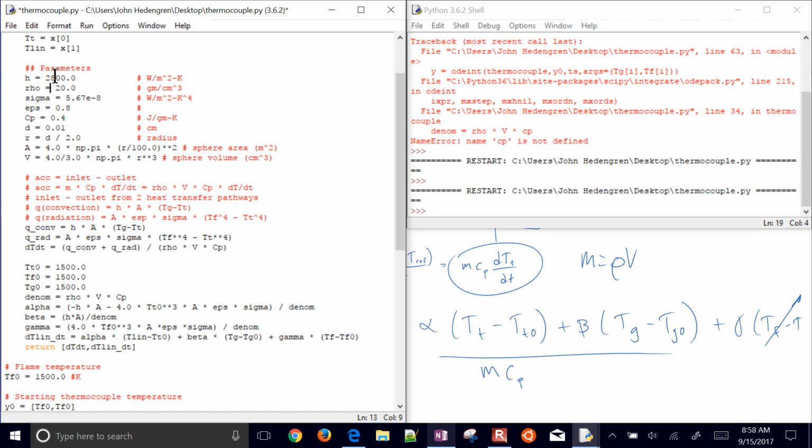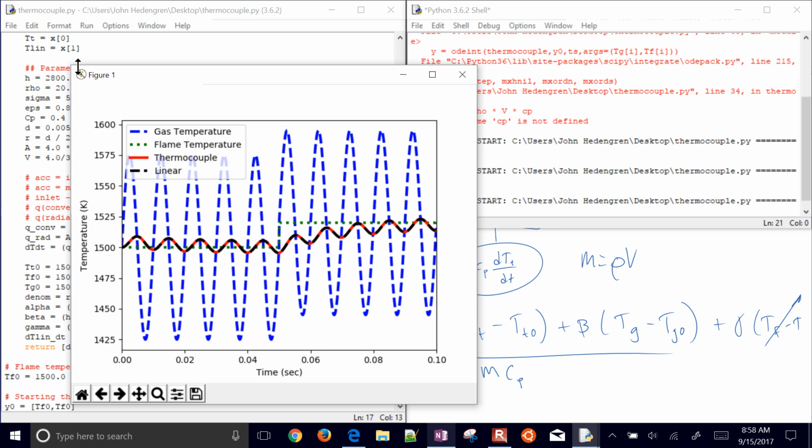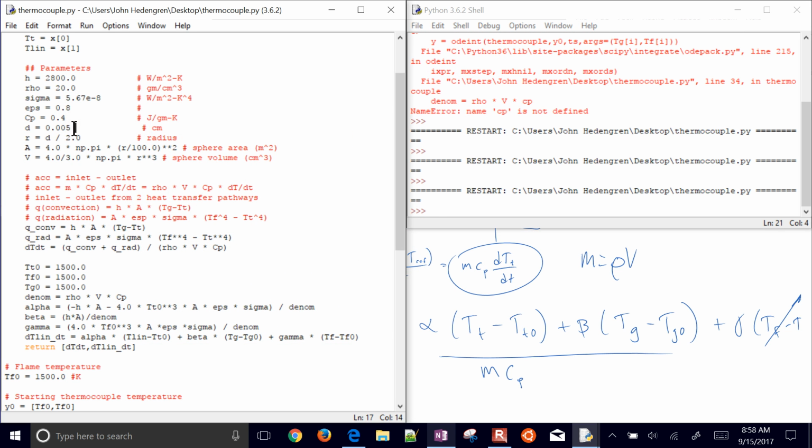Let's also, so I'm going to set that back to the original. Let's say I decreased by half that thermocouple bead size, so I made it smaller. Let's see what this would do. Okay, that also helps. Let's just really start decreasing this thermocouple bead size. I'm going to do it by an order of magnitude.